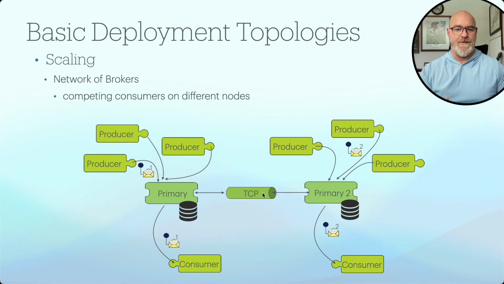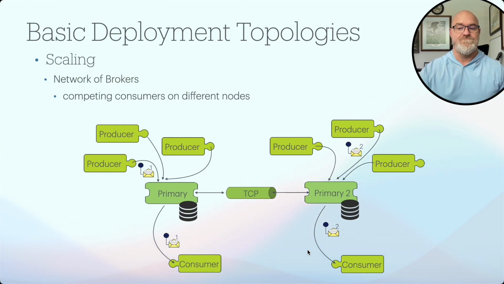Now, the caveat here, and the thing I want to make clear, is that it's doing this if these two consumers are listening on the same queue as these producers are producing. That's when this comes into play. If we are not talking about consumers on the same queue, that's a different scenario, because if this producer here is producing to a queue that only this consumer is interested in, it would obviously just push it to this consumer.